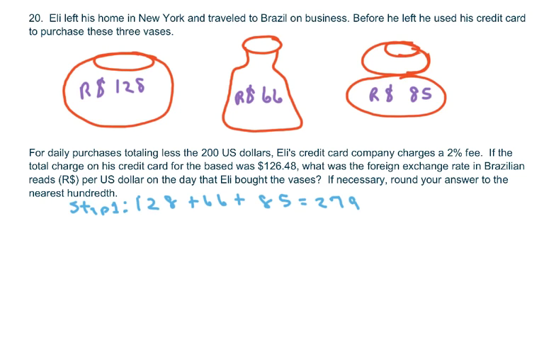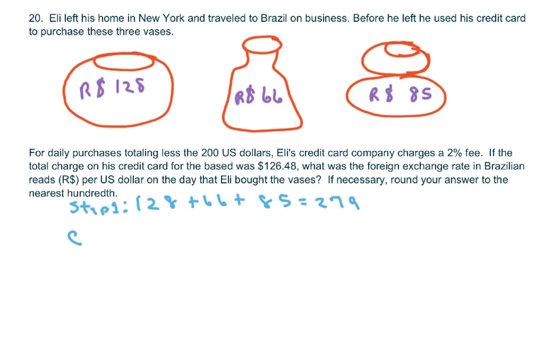Now step 2, find the total cost of the vases in U.S. dollars. The charge amount of 126.48 represents the conversion of 279 Brazilian reais plus a 2% fee that Eli's credit card company charged him. To find the original cost of the vases in U.S. dollars before the 2% fee, write and solve the equation.